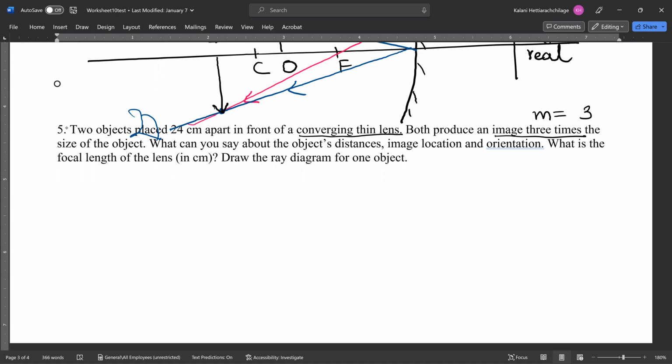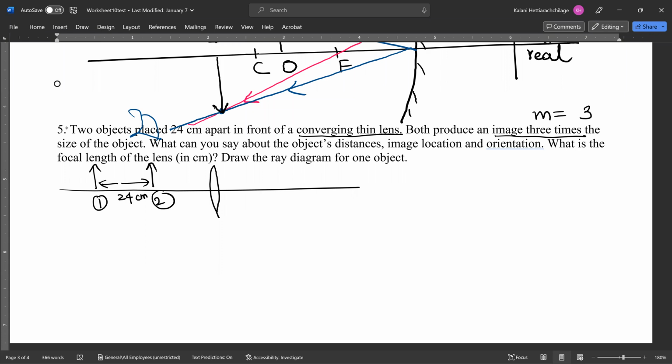Okay, so now what it says is you have a converging lens, cartoon, and you have two locations of the object, location 1 and location 2. They will create the image. This is 24 centimeters, meaning the gap between these two objects, right?